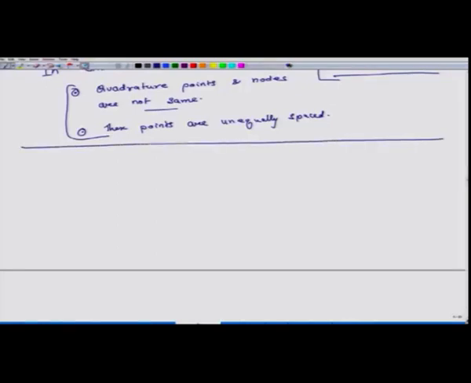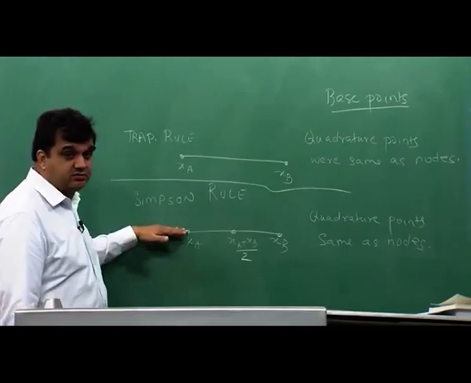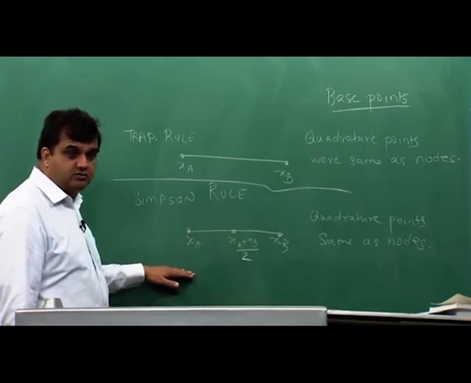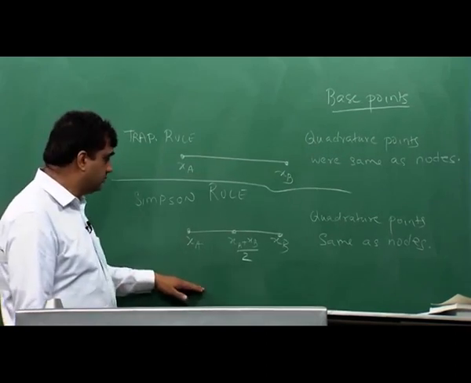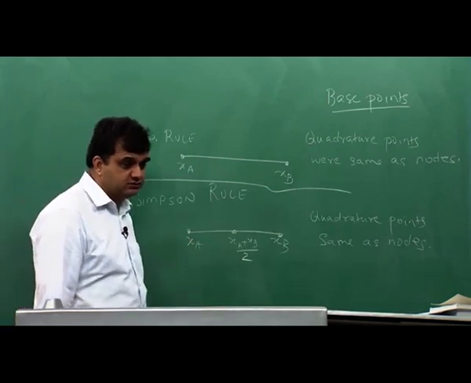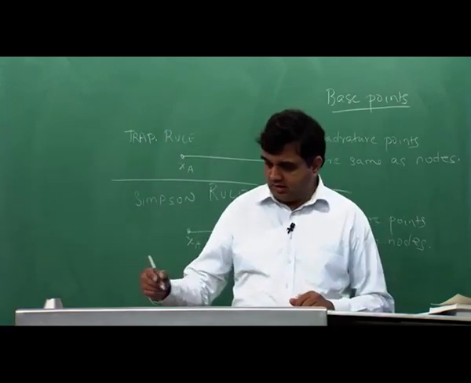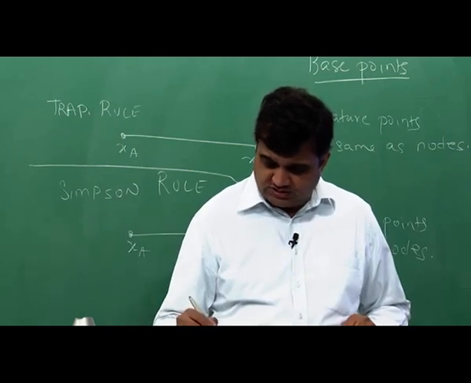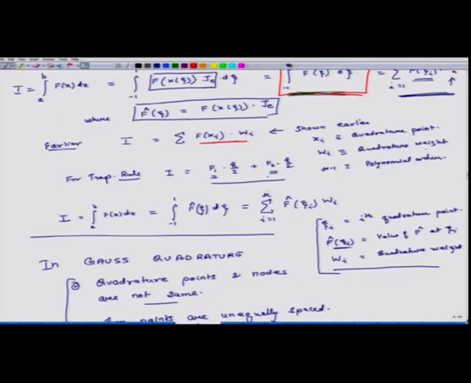Like in this case, we had 2 quadrature points, then we had 3 quadrature points. You can have also a rule for cubic. You can have another where we will have 4 quadrature points and so on and so forth. So when you are increasing the number of quadrature points, what is changing? R is changing.